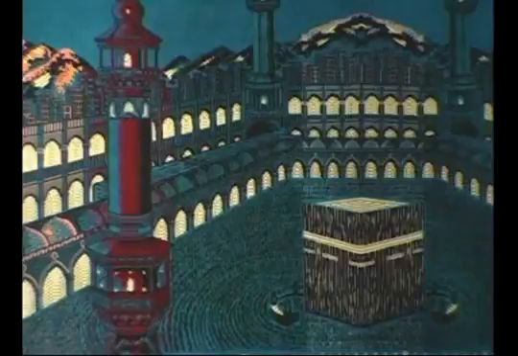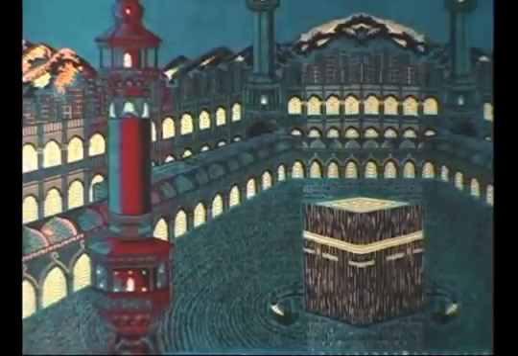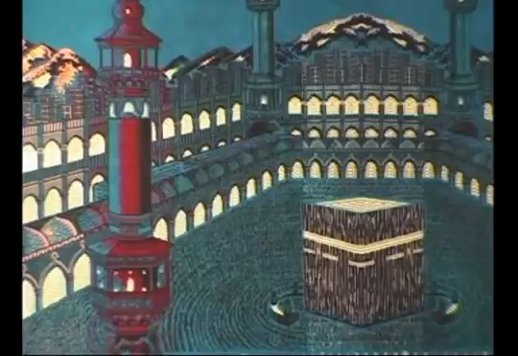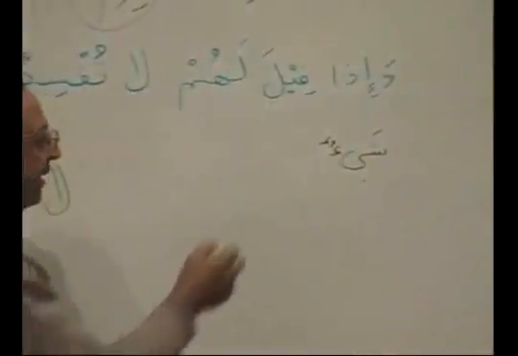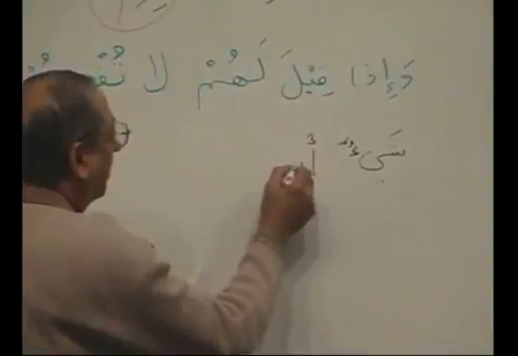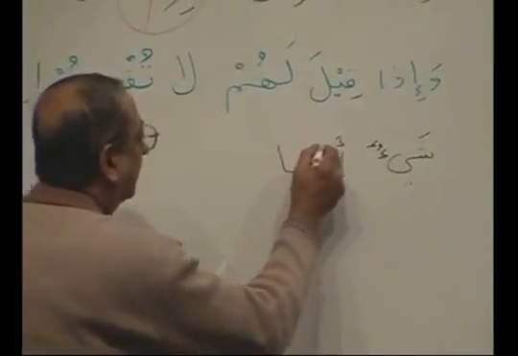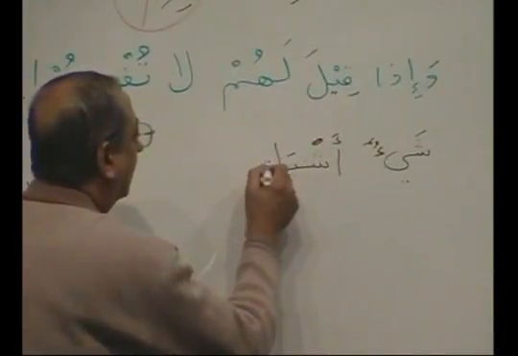Al-abna'u, the children: Na'am, nuridu ashya'a kathiratan. Brothers and sisters, here is something now you have to understand. If you read the key, everything is there, but I am writing it here, brother. Shay'un, singular. What is the plural? Ashya'u.